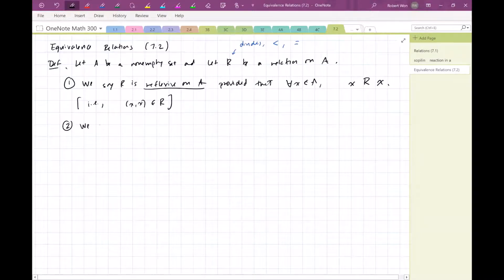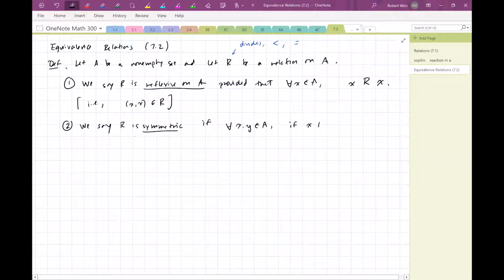And we say R is symmetric on A. Symmetric if, and what does the symmetric property say for equality? The symmetric property for equality said that if x equals y, then y equals x. So for a general relation, we'll call it symmetric if for every x and y in A, if x is related to y, then y is related to x.